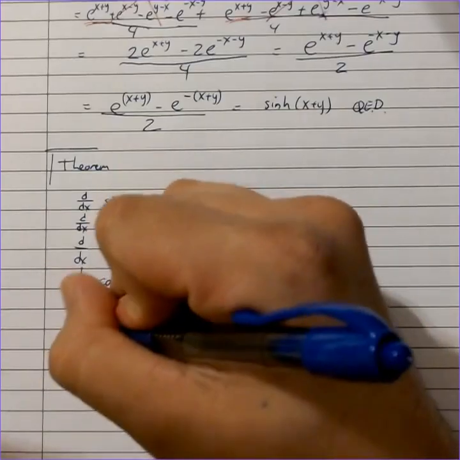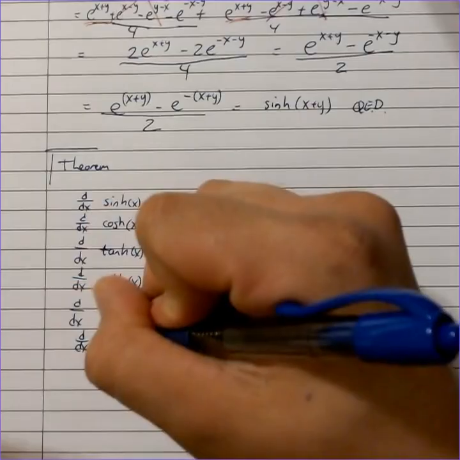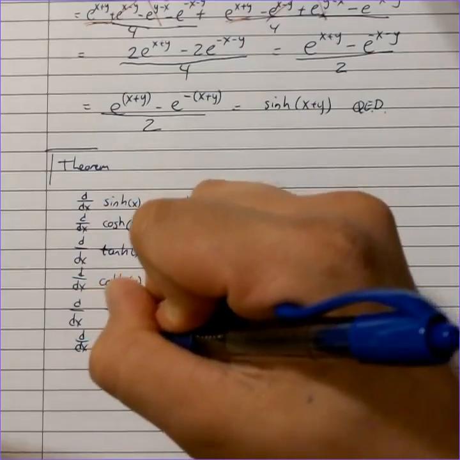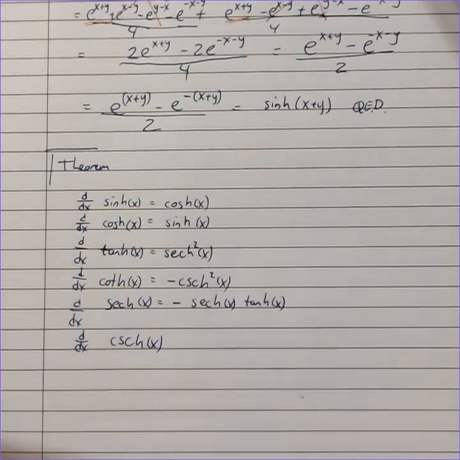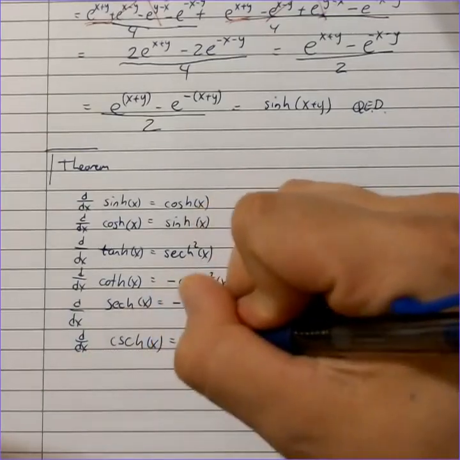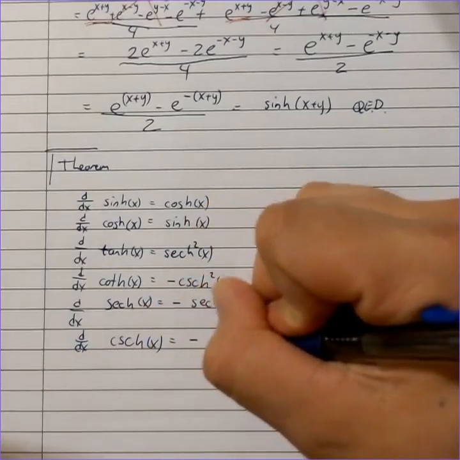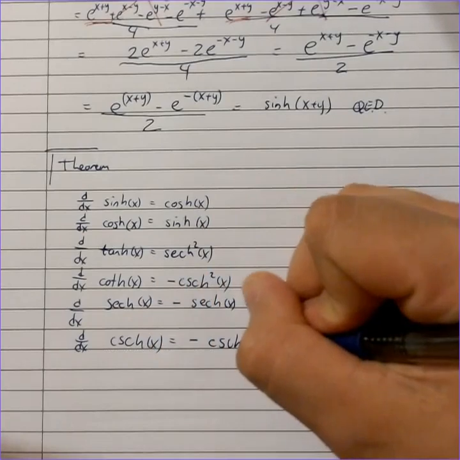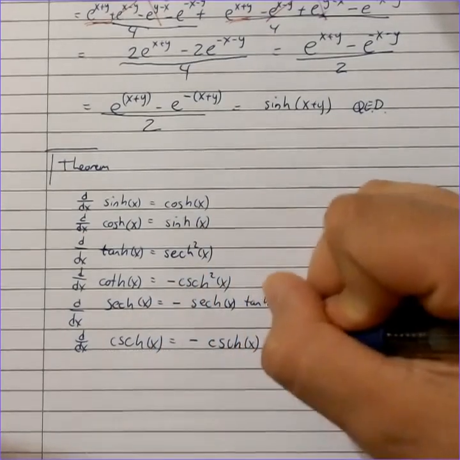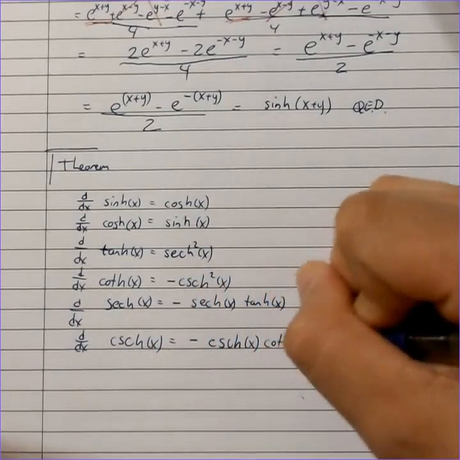And the derivative with respect to x of cosec of x is going to be negative cosec of x times cotangent of x.